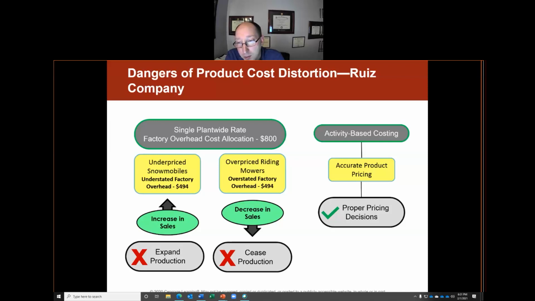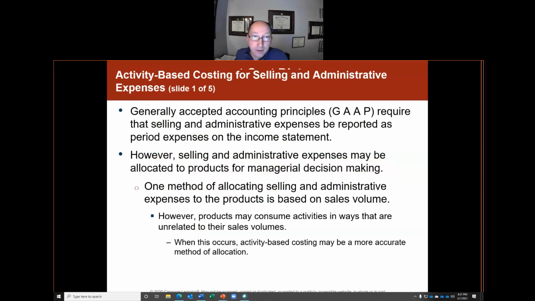Activity-based costing is more accurate to price your products, and it results in better pricing decisions and more exact costs. That's why it's the best. It's very exact.